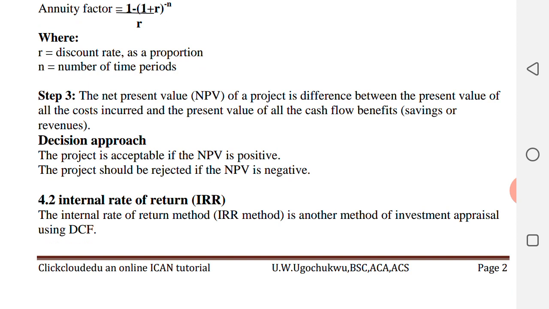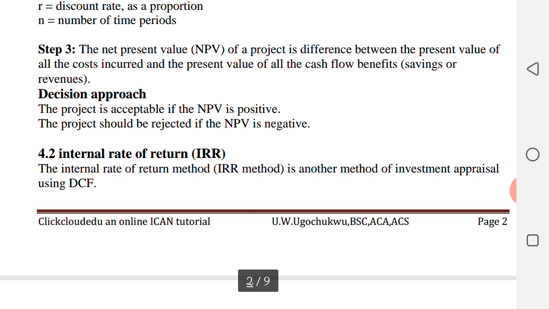The cost incurred means all other costs, such as the variable costs that you incur in that future period, and all the cash inflows. When you compare the present value of the benefits with the cost incurred and the initial outlay, you get your NPV.